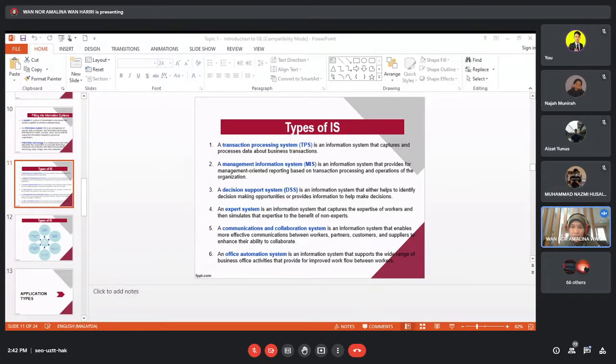Okay, the basic ones. Contoh paling senang you pergi makan, sekarang dah boleh dine in kan? Okay, di kedai you order makanan, although the waiter is taking the order on piece of paper, that is also a system.